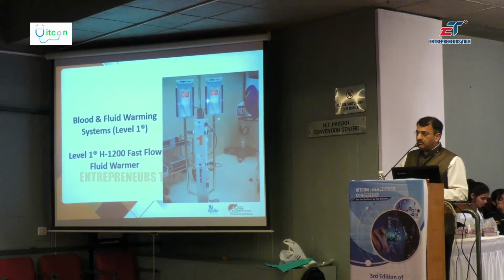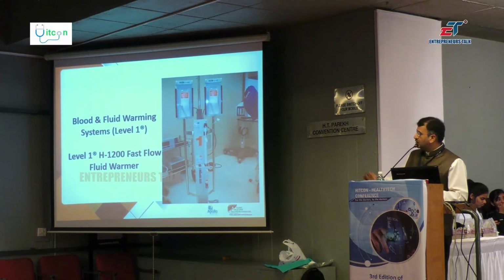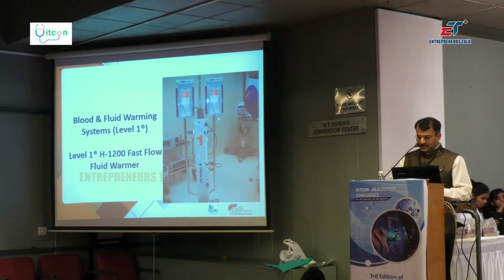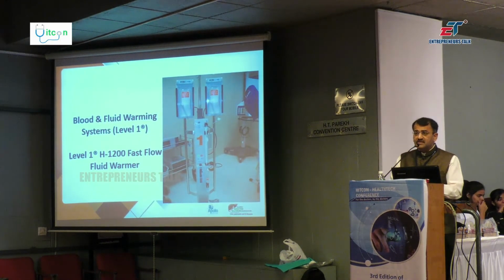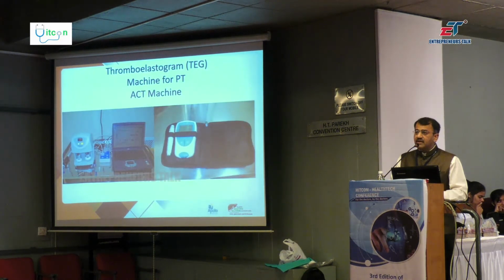Similarly, Dr. Bhavin, who is a transplant anesthetist, will agree with me here that this rapid liver transfusion makes the life of the anesthetist very easy. It can transfuse several liters of warm fluid rapidly into the body whenever there is a sudden loss of fluid. Similarly, we need to monitor the coagulation profile during surgery.